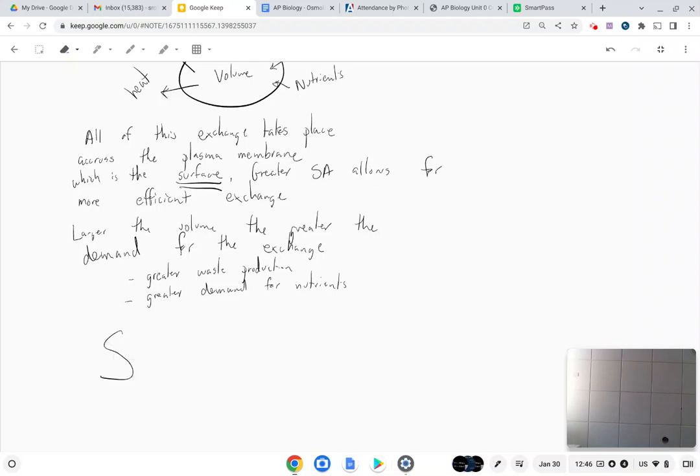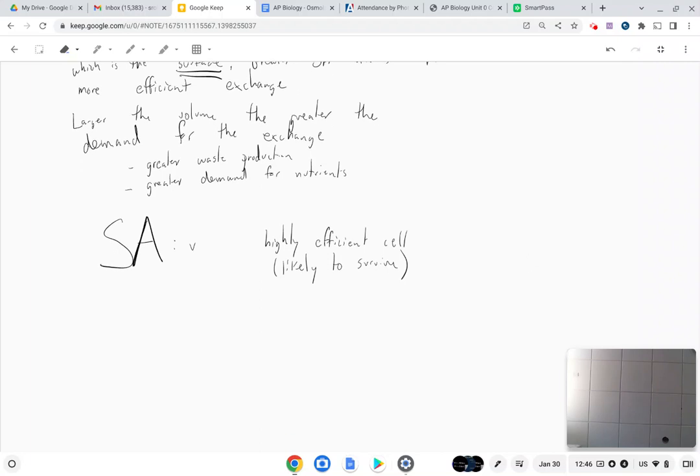You could make a really big SA and then make a little tiny volume. This represents a highly efficient cell and likely to survive, right? It's not going to have any problems getting rid of waste. It's not going to have any problems absorbing nutrients from the environment.